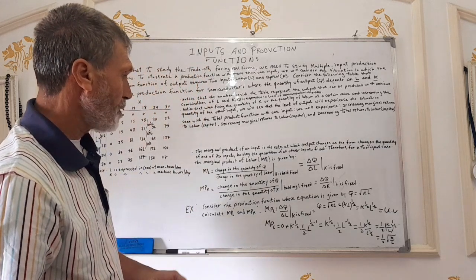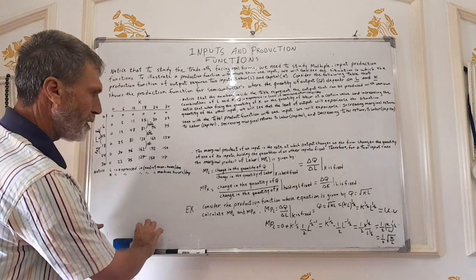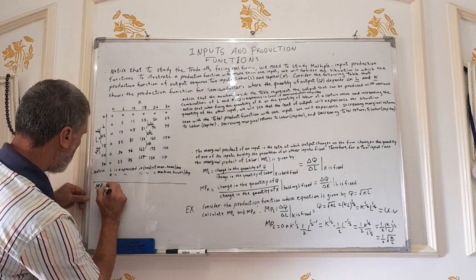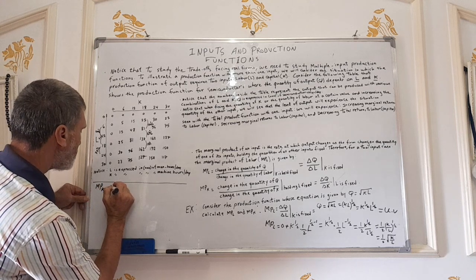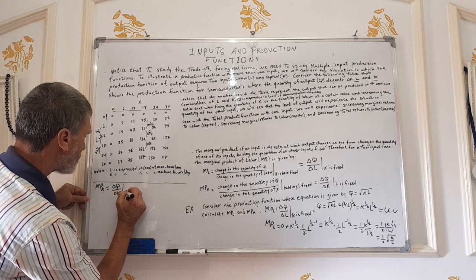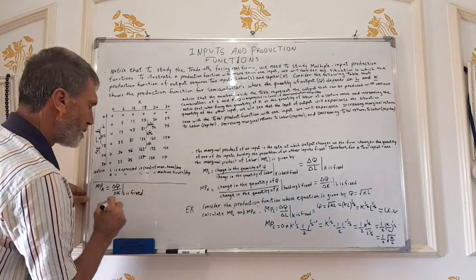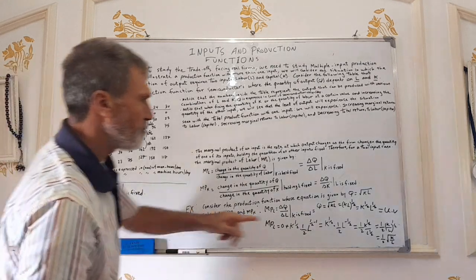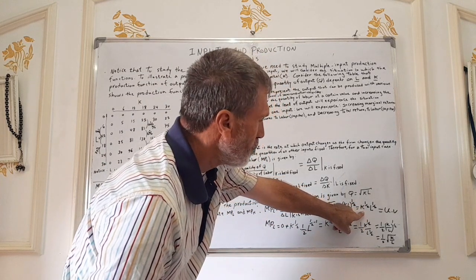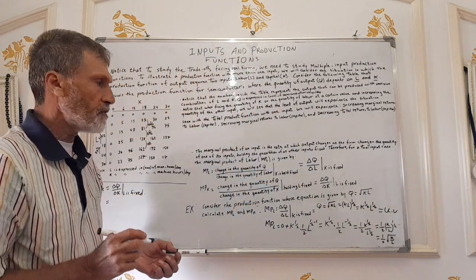The same thing can be said about MPK. So here, MPK is going to be equal to delta Q over delta K, holding L fixed. We have the same thing, K^(1/2) L^(1/2). We use the product rule of the derivative, U prime V plus U V prime.